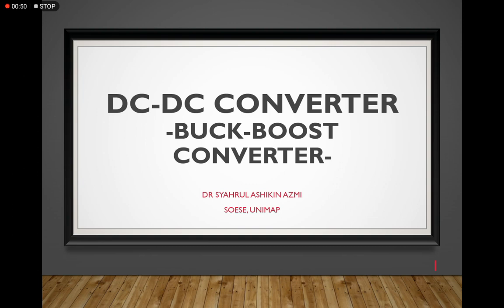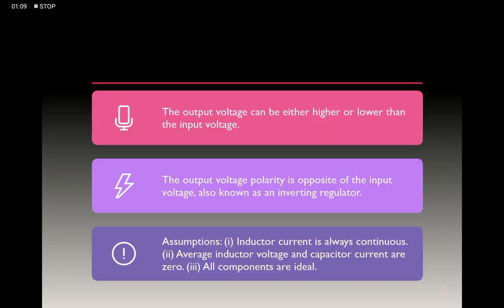We are going to use the equivalent circuit based on the switch operation to help us derive the equation in order to design a buck boost converter. Okay, so let us proceed.